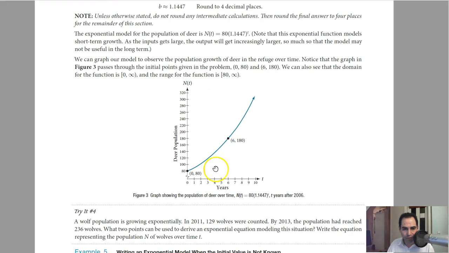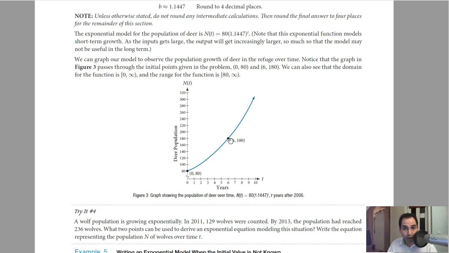And of course, since this is some sort of exponential function, exponential functions, as you know, get too large after a short period of time. So if you actually want to use this model for an actual population of deer, then you have to somehow limit the domain of the function so that it can be realistic and useful in real life situations.